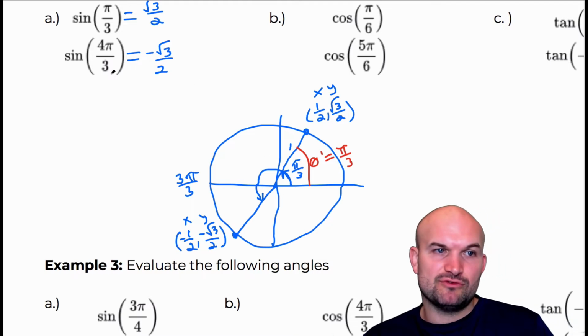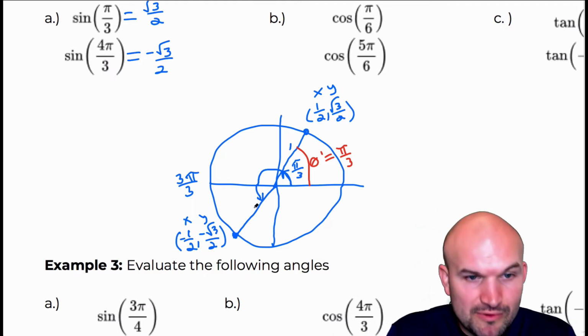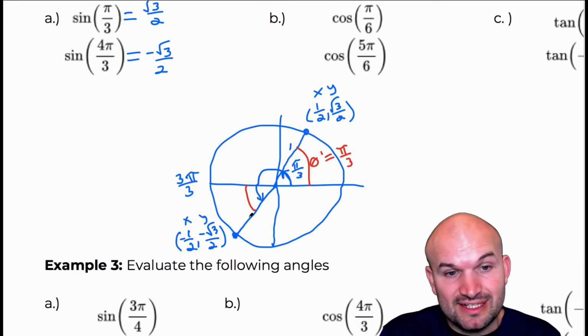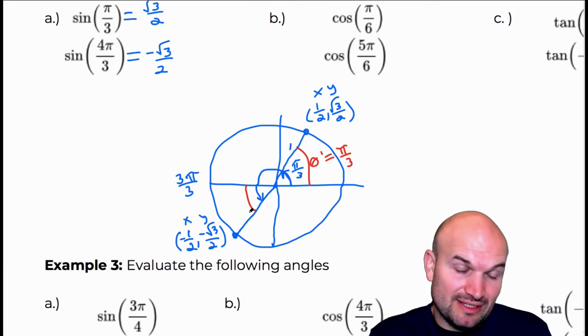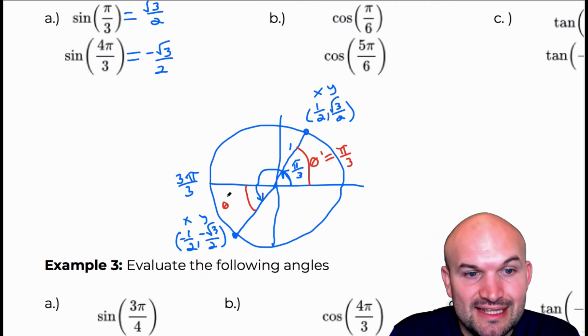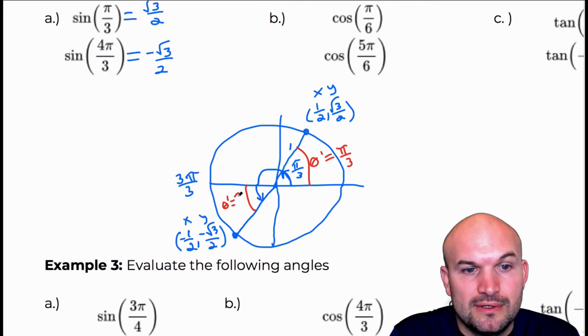Well, if I was to graph 4 pi over 3, I would recognize that again, I went to 3 pi over 3, then I went to 4 pi over 3. So the measure from my terminal side to my x-axis for this angle is again the same reference angle. So it's again pi over 3.